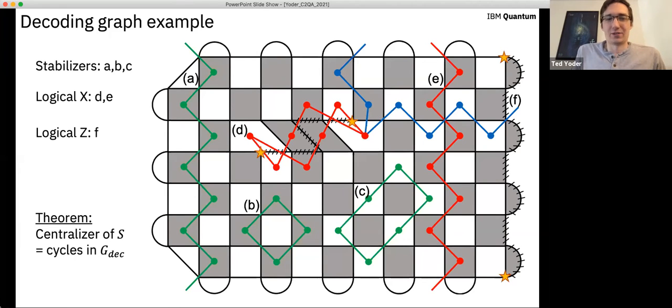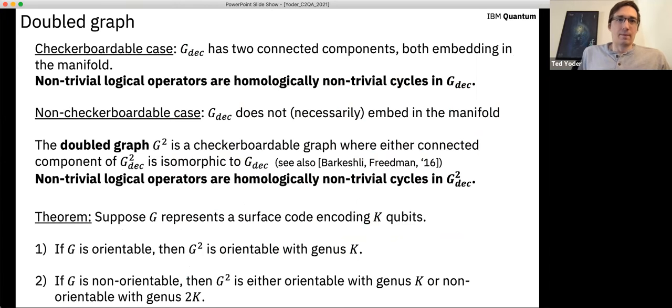All that aside, the general statement is that the centralizer of the stabilizer group is represented by cycles in this decoding graph. So we have the stabilizer cycles and also all the logical operators represented by cycles in the decoding graph. So the decoding graph is really important for identifying the logical operators.